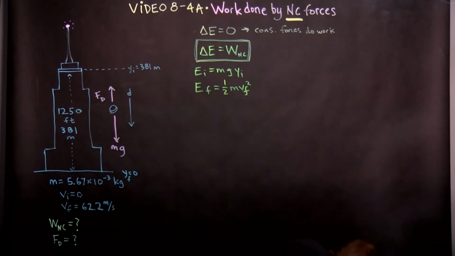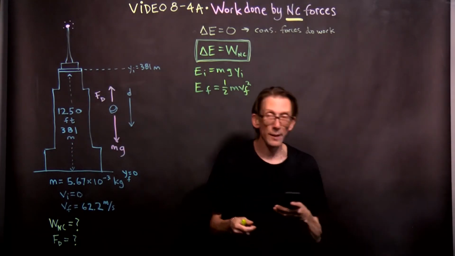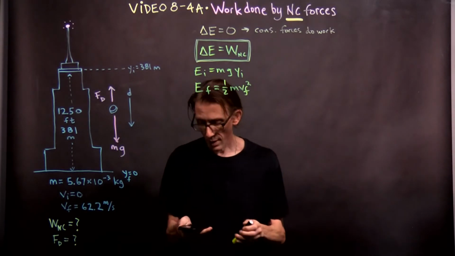It would have been nice to calculate these. In fact, I'm going to calculate these real quick just so you can see the difference. Okay. Let's do the first one here.